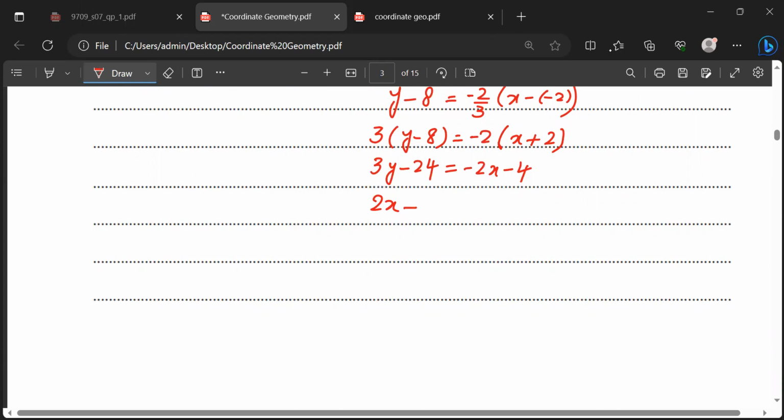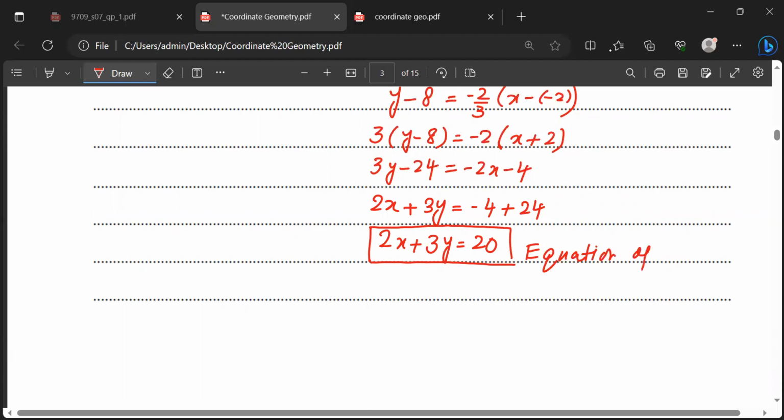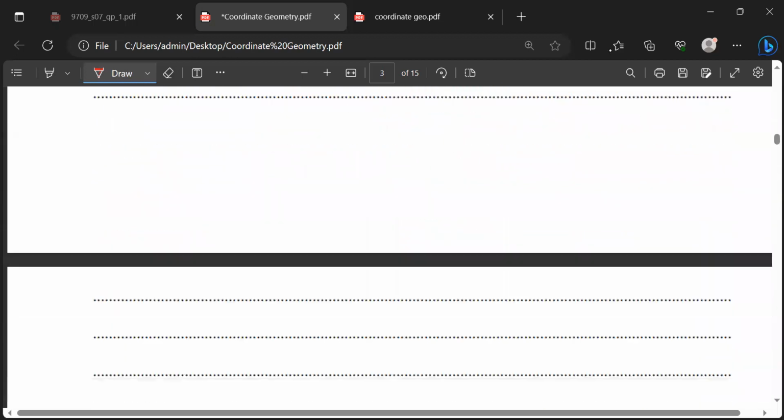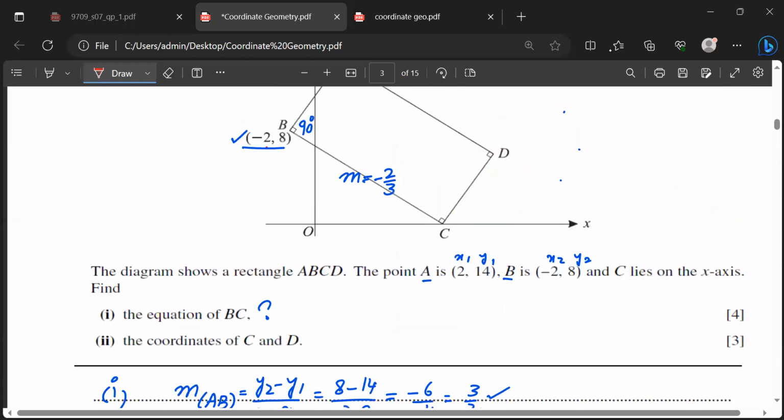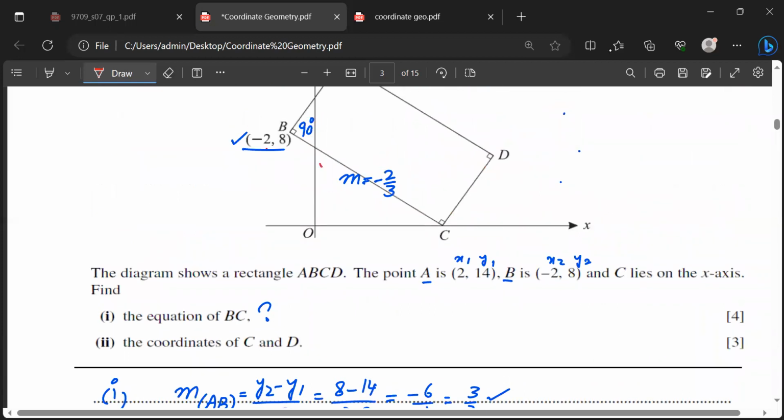It is now 2x plus 3y equals minus 4 plus 24, and 2x plus 3y equals 20 is the answer for part 1. This is the equation of BC.